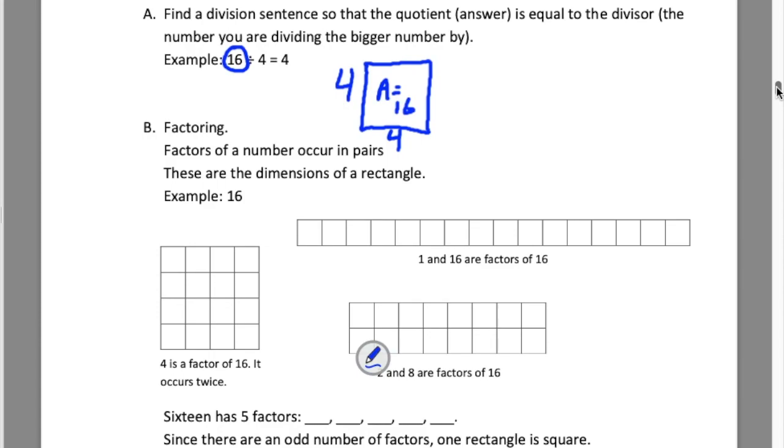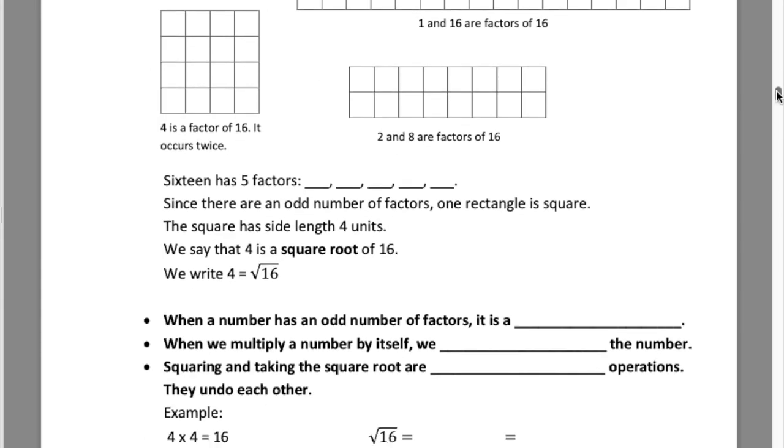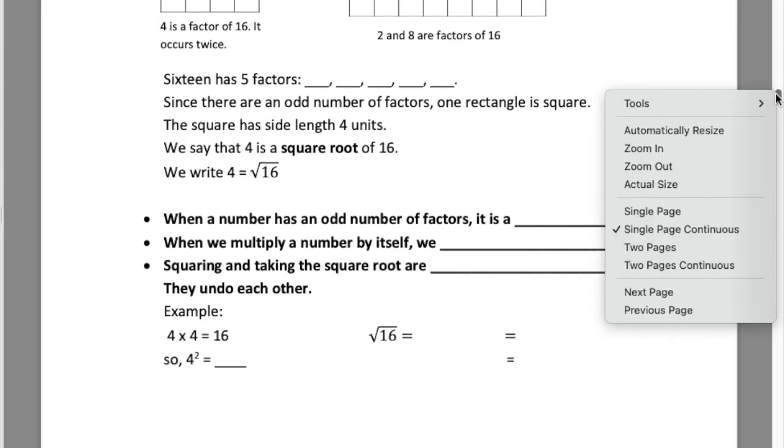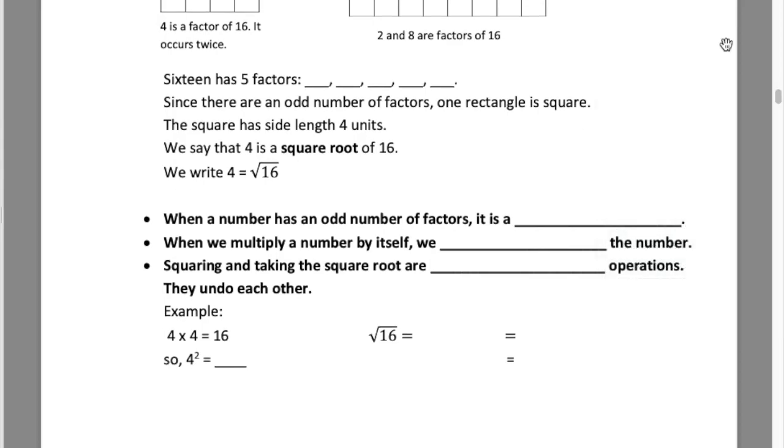Okay? We can also use factoring. So factors of a number occur in pairs. These are the dimensions of a rectangle. Again, we're using the number 16, and we can see that 4 by 4 gives us an area of 16. So we're just going to scroll down a little bit and fill in a few more notes. It says, since 16 has 5 factors, which are 1, 2, 4, 8, and 16.